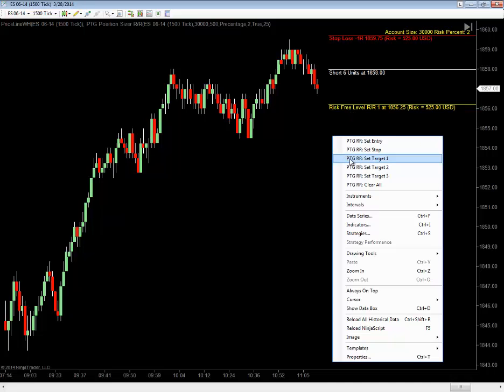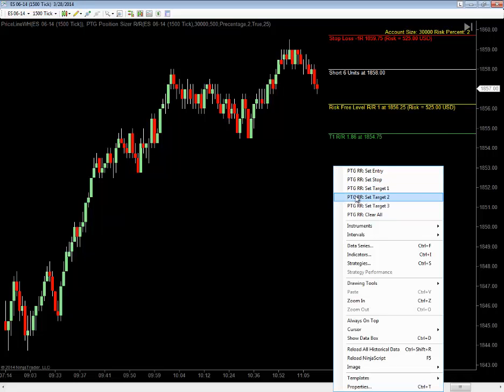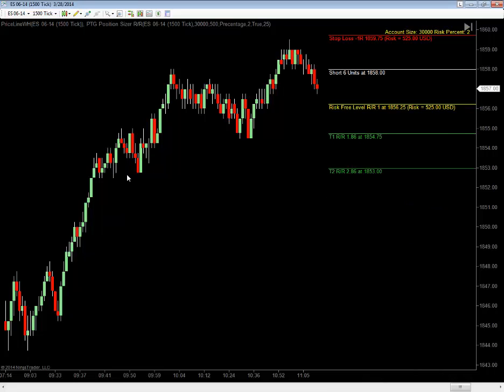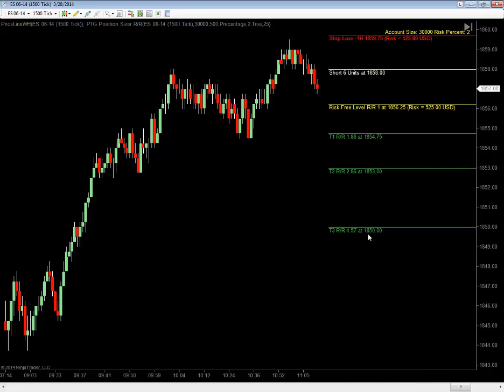In this case, let's put a price target at approximately the low. Perhaps it can get down to this prior, even a little bit lower, pivot low, so let's put another opportunity there for target 2. And then just for hoots and hollers, you think you can get down here to the 1850. These are all potential targets.